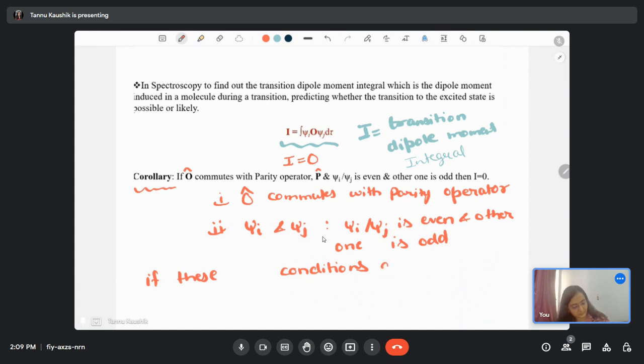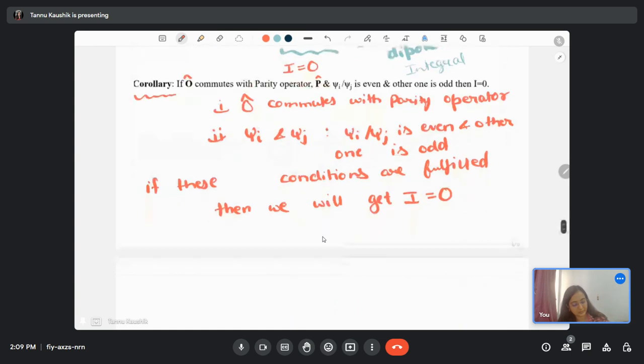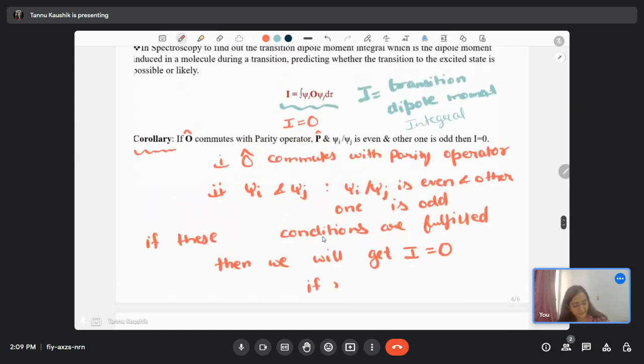If these conditions are fulfilled, then we will get the transition dipole moment integral equal to 0, and if not, then the integral is not equal to 0.